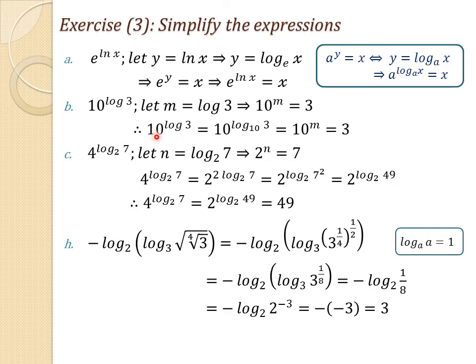So then, 10 power logarithm 3, the given, equals 10 power logarithm 3 base 10. Now the base here and the base of logarithm are equal. So then the result is 3.